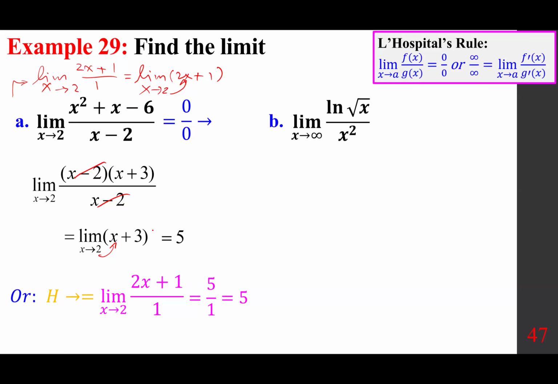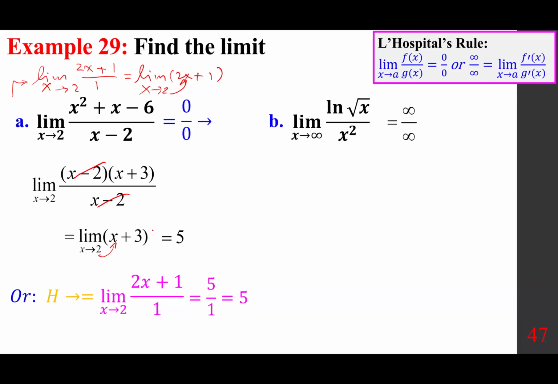We want to plug in, and when we plug in ln of infinity or square root of infinity, makes no difference, is infinity. The bottom is infinity squared, which is infinity. Infinity over infinity, that means I can use L'Hopital's rule. That means I'm going to differentiate the top, differentiate the bottom.